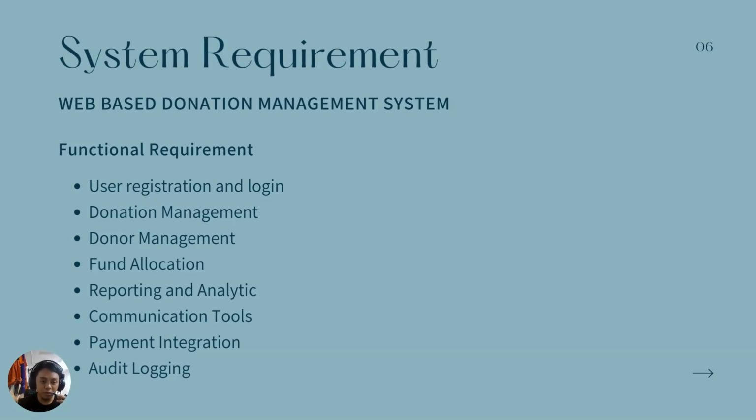Then we have the communication tools. Here the stakeholders, the beneficiaries, and the donor will communicate with each other, like an update or any request. So we will need a communication tool for this.